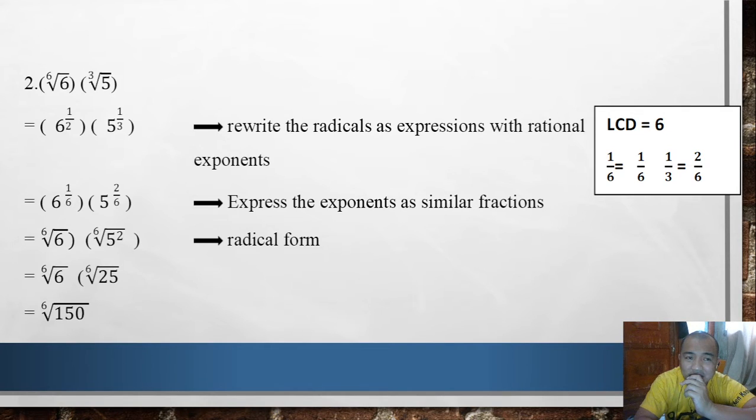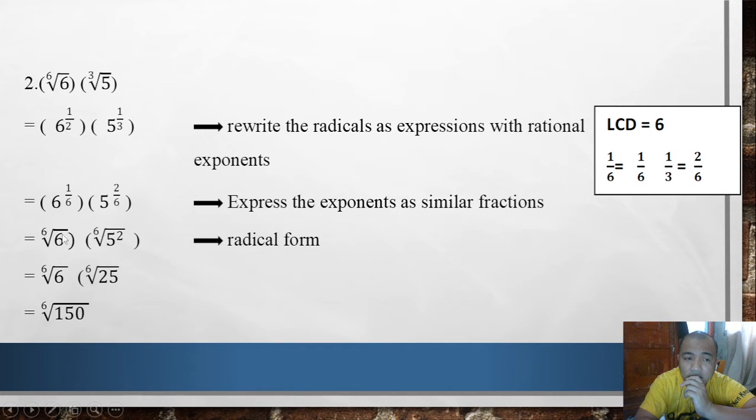Can we just skip this part? Because there is a mistake. It should be 3/6. 6 divided by 2 is 3. So 3/6, it should be 6 cubed. This one, 6 divided by 3, so that's correct, 2/6. So 6th root of 5 squared.